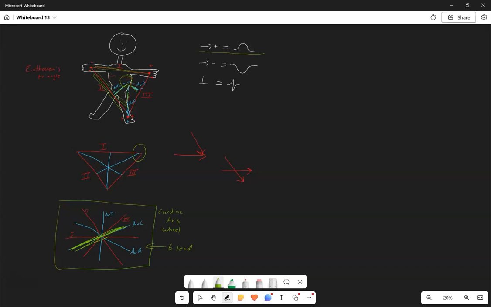Positive direction is up here on the AVL. So the signal is running that direction if I get a positive readout on AVL lead. What happens if I get a negative readout on AVL? Well, now it's running in that direction.